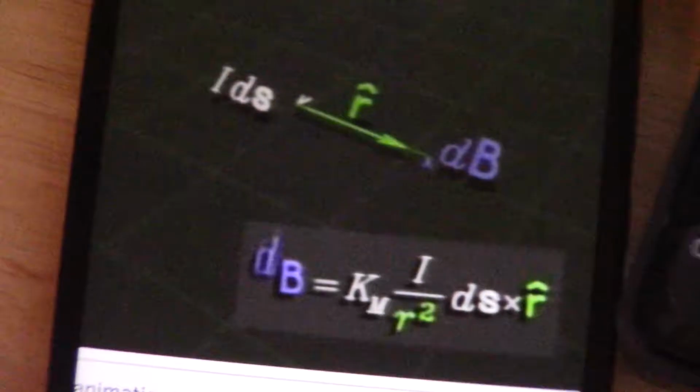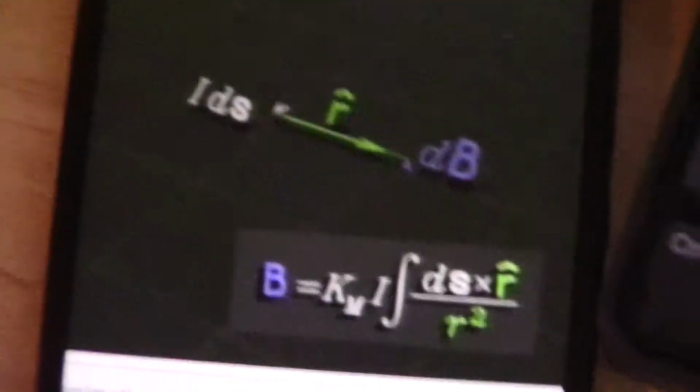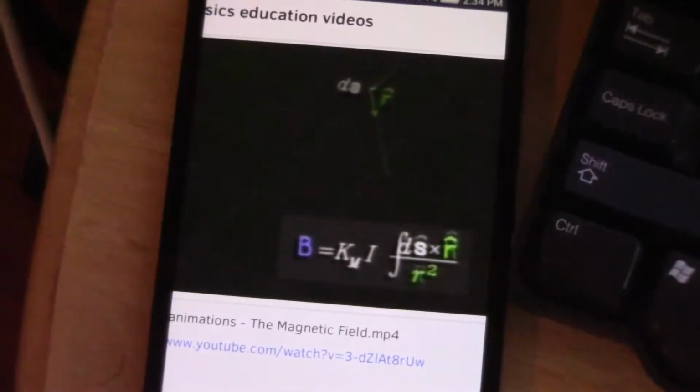But electric currents can never exist in tiny segments. So any real magnetic field must be found by adding up, or integrating, the contributions due to each segment of a flowing current.